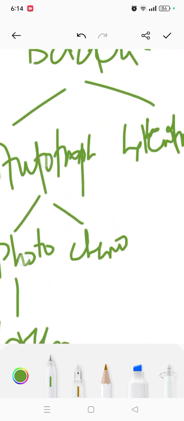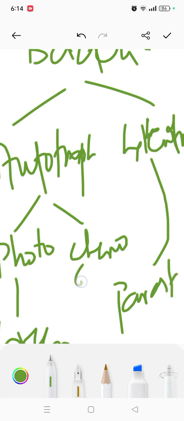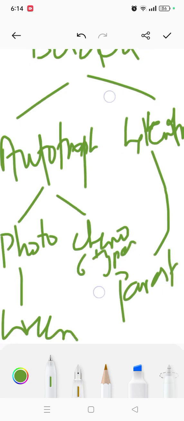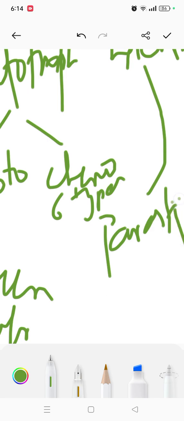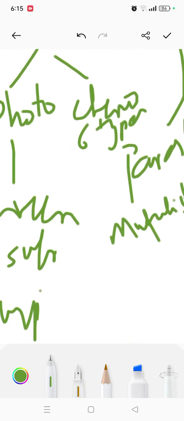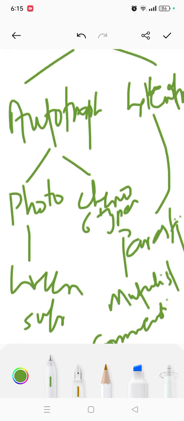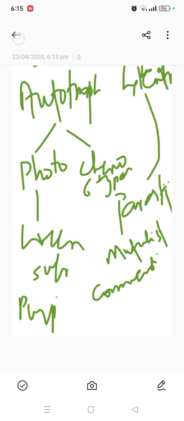In heterotrophs we have three main types: first is parasitic, then mutualistic, and another type which is commensalistic. In chemoautotrophs we have six other types. We'll discuss all that, but for now let's continue.